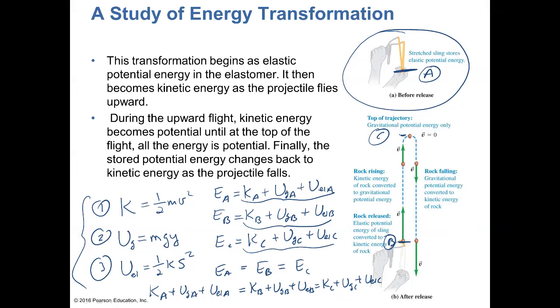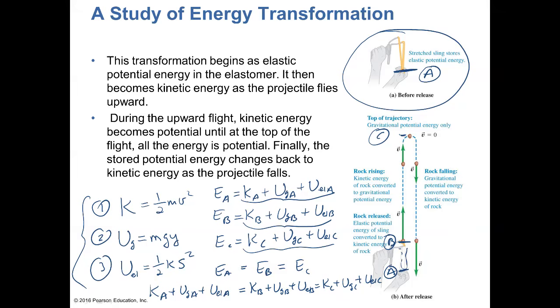For example, since this is basically in my motion, you can say this is A because this is where the sling was stretched. So technically this is my point A. Then this is my point B, my point C. Depending on which one I choose to be the vertical reference point, I might have different values for the gravitational potential energy.